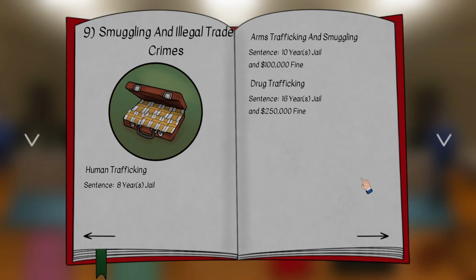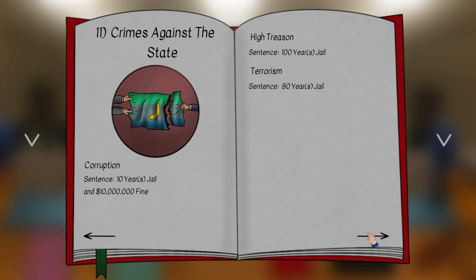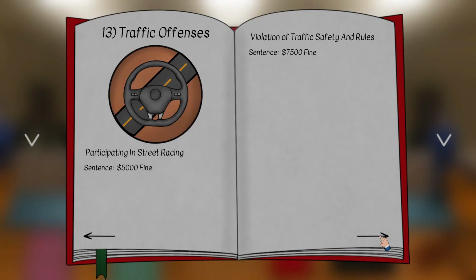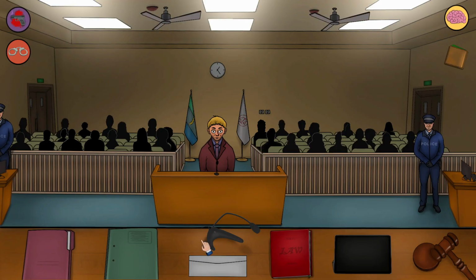Struggling, illegal, no. No. Crimes against the state. Honestly, I'm thinking that he's honestly good. What's what they got?